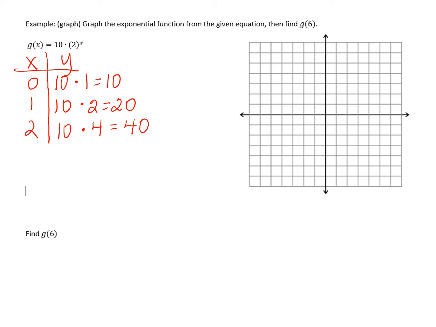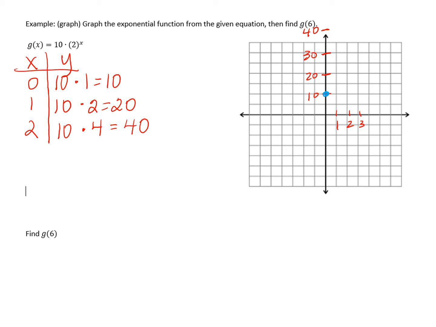Again, I think counting by fives is probably okay given the numbers that I have chosen. So we'll call that 10, 20, 30. It's going to go a little off the page, but that's okay. And so now if we plot those points, 0 is 10. And by the way, I'm still counting by ones on my x-axis, just like in the previous example.